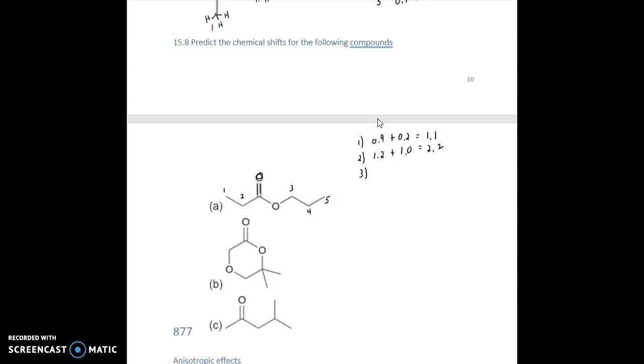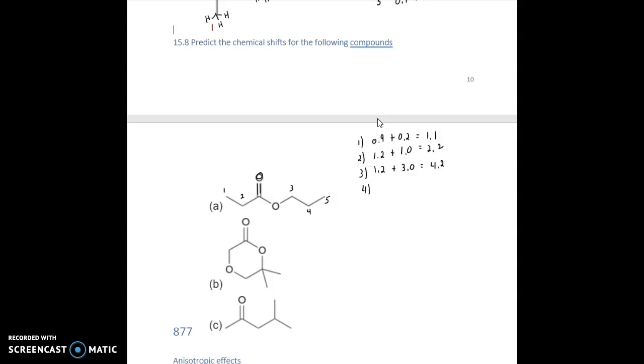The protons at the 3rd position, also methylene protons, so they start at 1.2. They are alpha to an ester group, so they get a bump of 3, and so they end up downshifted to 4.2.